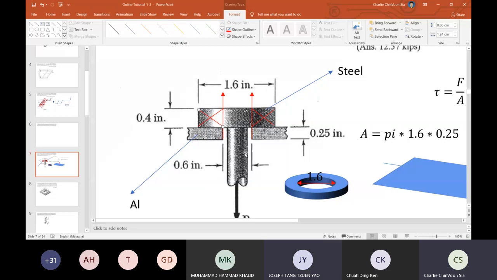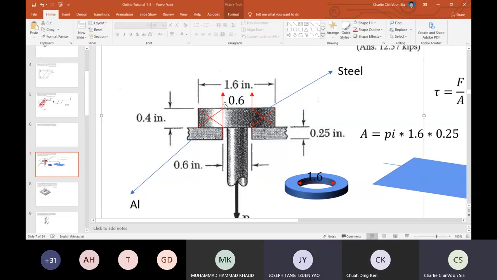If you trim, then looking at the hole size, this 1.6 will become 0.6, the diameter, after it cuts through.